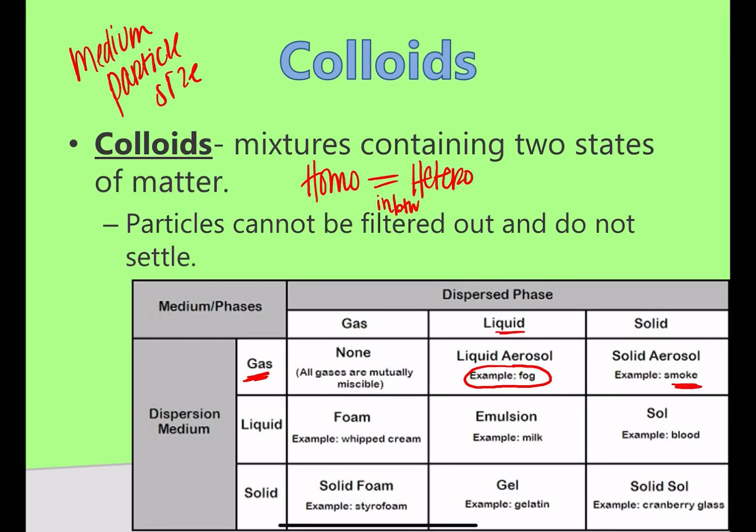In smoke, you have solid particles, dust and debris, in a gas medium, so that makes smoke, okay? Whipped cream, you have cream or fat particles. You have air bubbles in a liquid medium, okay? That makes whipped cream.